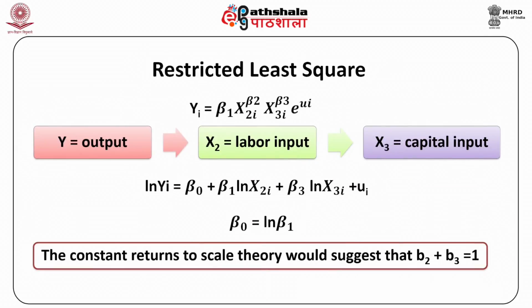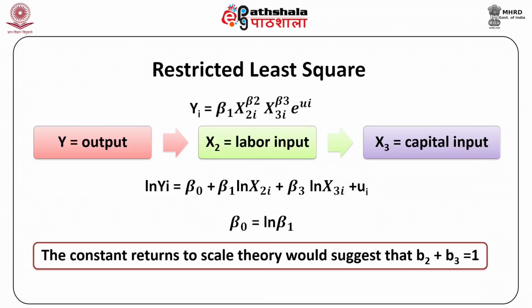Let us understand the concept with the help of a Cobb-Douglas production function. Yi is equal to beta 1 x2i raised to the power of beta 2, into x3i raised to the power of beta 3, e raised to the power of mu i. Here y is output, x2 is labor input, x3 is capital input.